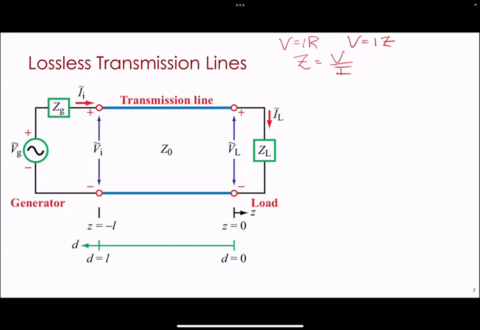Okay, can someone translate that for me to the symbols that we're using on here? If we're dealing with ZL, so if we're interested in a relationship for ZL, what voltage and what current, what symbol would it be? Yeah, it'd be VL tilde, because that's the voltage across ZL, over the IL tilde.